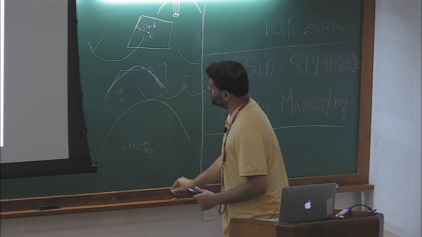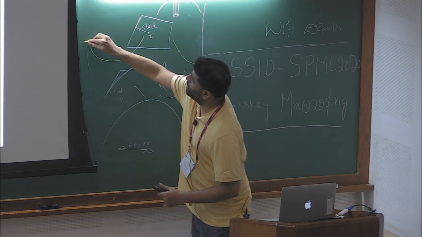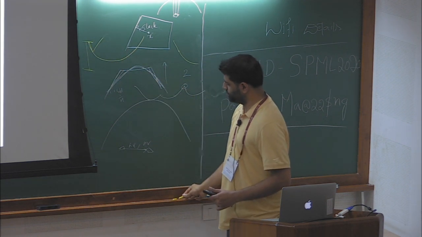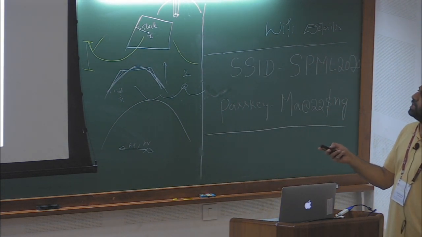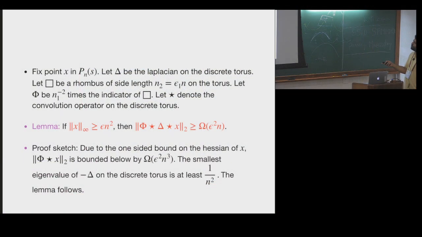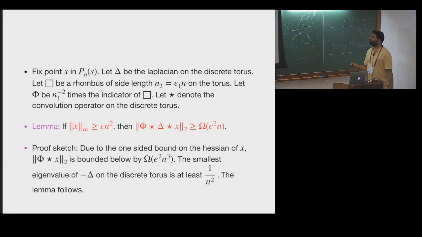So because of these things, you end up incurring some L2 norm, and if you have something with a large L2 norm and you apply the Laplacian on it, you are not going to do much better than the smallest eigenfunction of the Laplacian, which in this case is 1 by n squared up to some sign.